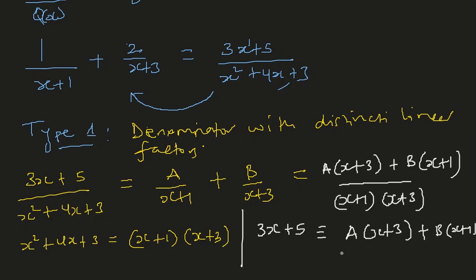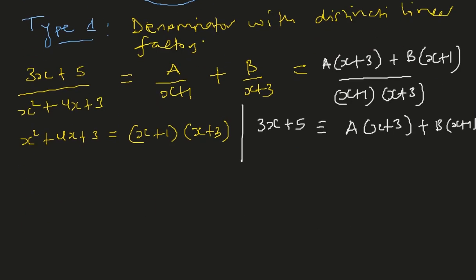Alright, now our task is to find the value of A and the value of B. We can find these values by assuming values of x. Any value of x will satisfy this equation. But we look out for values of x so that one of the unknowns, either A or B, disappears so that we can find the other.